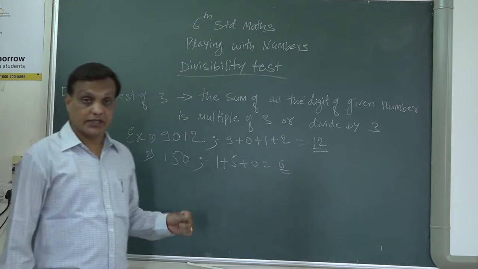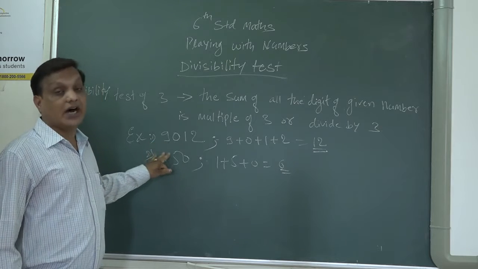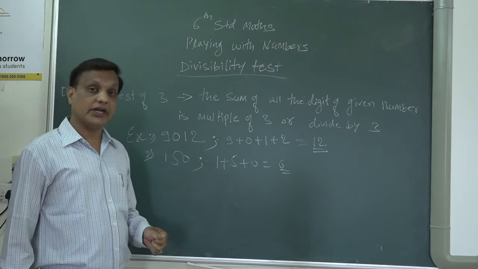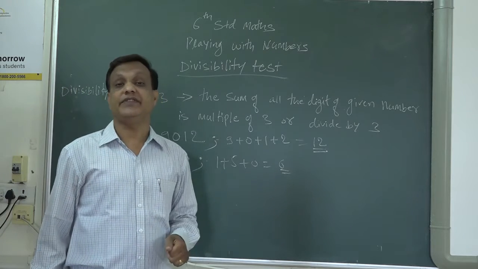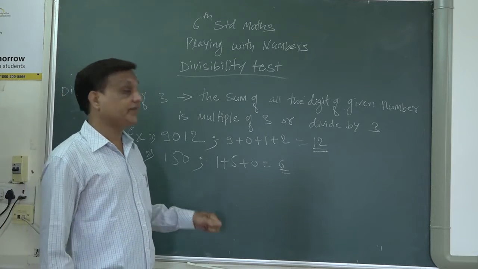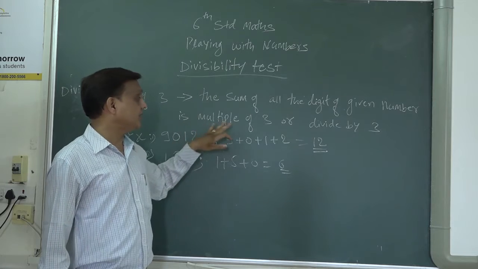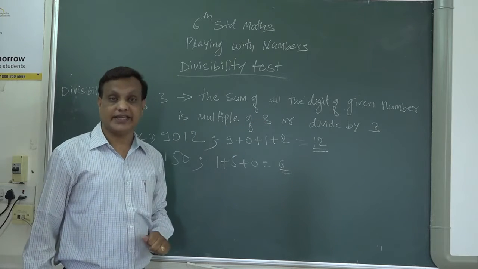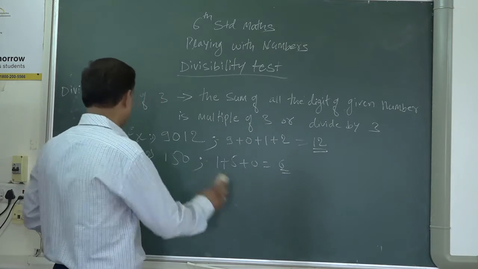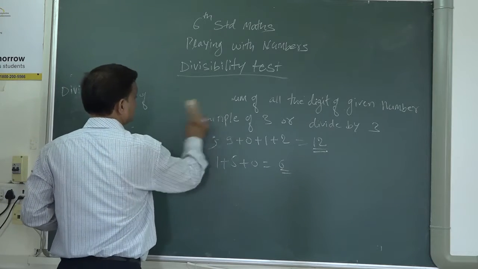It means this number is divisible by 3. So this is the divisibility test of 3. So what is the definition? The sum of all the digits of the given number is a multiple of 3 or divisible by 3. Now next we are going with the divisibility test of 4.